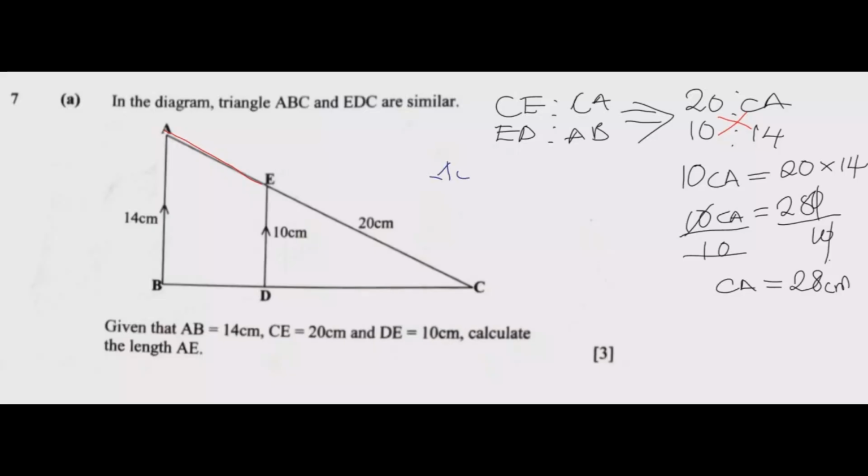AE is equal to AC minus CE. Okay, AC we found to be 28, so we write 28 minus CE, this distance here from here up to here, that is 20 centimeter, so we say minus 20.